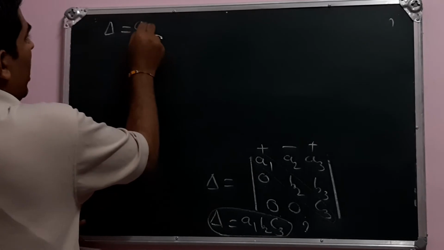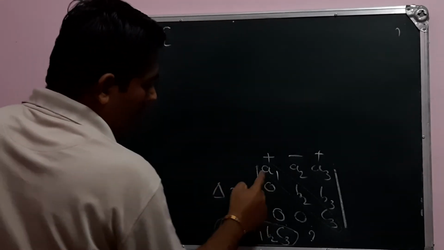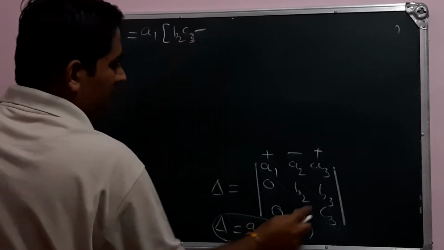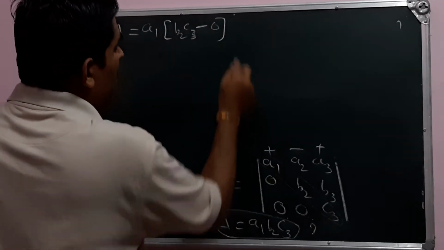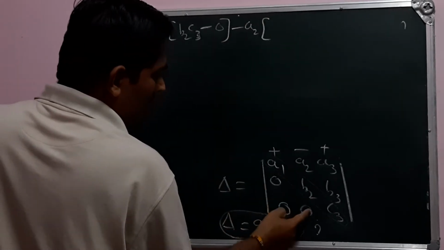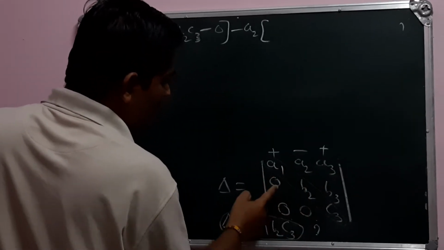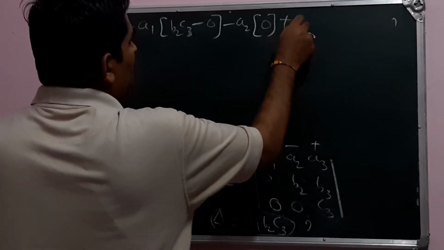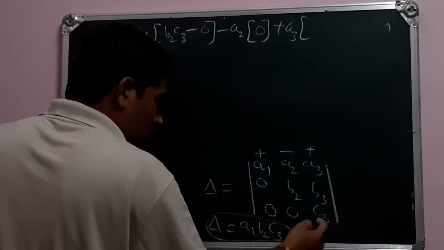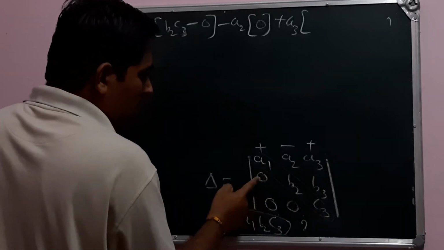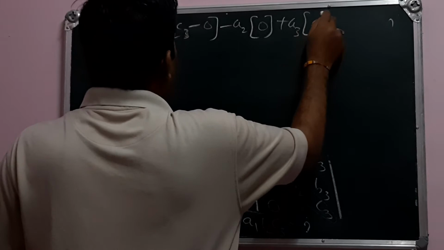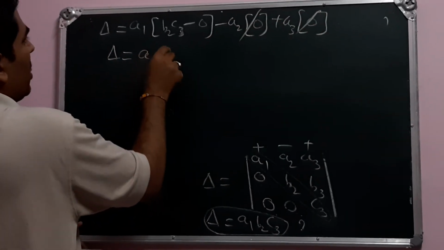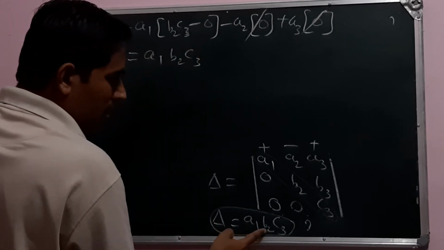That is, A1 into, leaving this column and this row, B2 C3, minus 0. Then minus A2 into, leaving this column and this row, 0 into C3 is 0, 0 minus 0 is 0. Next plus A3 into, leaving this column and this row, 0 into 0 is 0, 0 minus 0 is 0. So delta is equal to, since this is 0 and this is 0, only A1, B2, C3 is left.